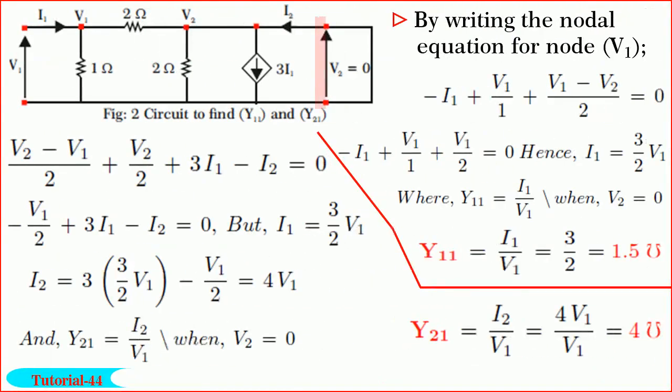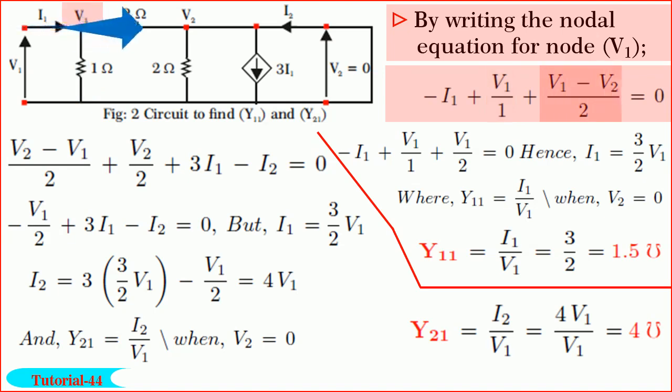By forcing V2 equal to 0, the circuit drawn is shown in figure. Observe that the network has turned out to be a 3-node network with 2 unknown node voltages V1 and V2 as shown. Of course, V2 is equal to 0, we know. So, by writing the nodal equation for node V1, we get minus I1 plus V1/1 plus (V1 minus V2)/2 equals 0.